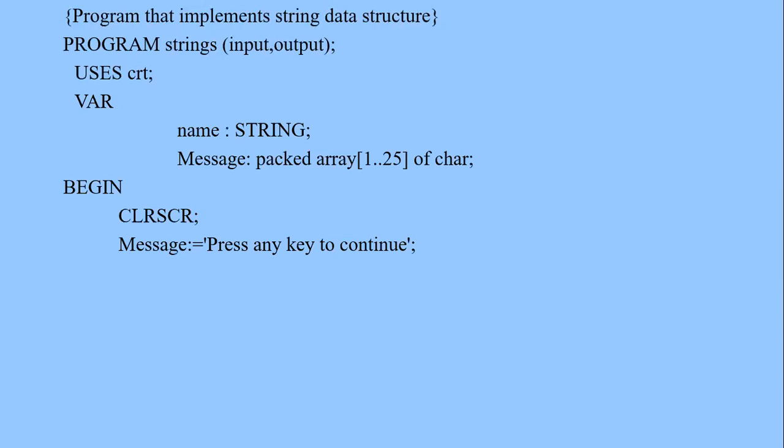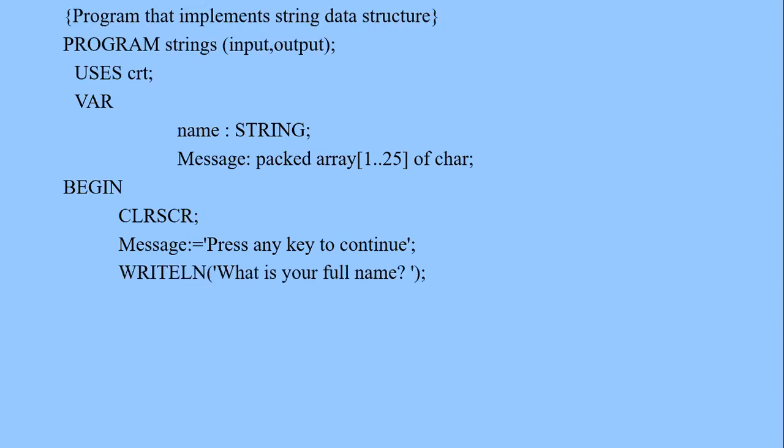Then we assign the message, press any key to continue, into the memory location called message. In other words, we assign a string constant, press any key to continue, into the memory location called message.